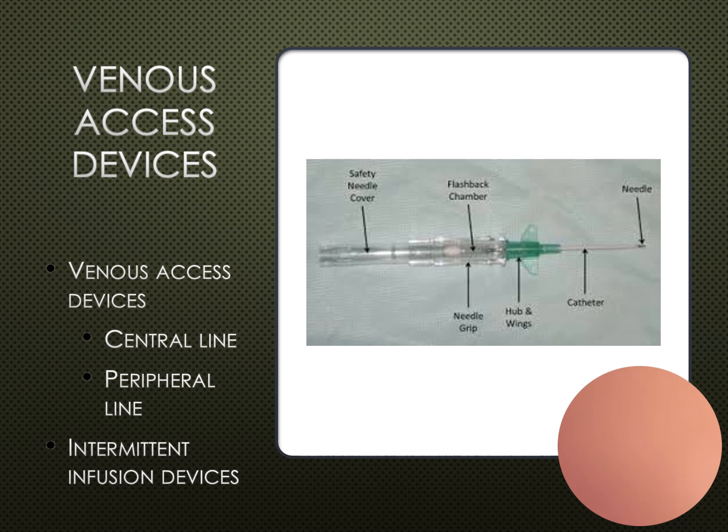However, if it is not utilized frequently or flushed periodically with saline, there is a high occurrence of clotting. The intermittent infusion devices can be left in place the remainder of a hospital stay after we remove a continuous IV fluid solution.